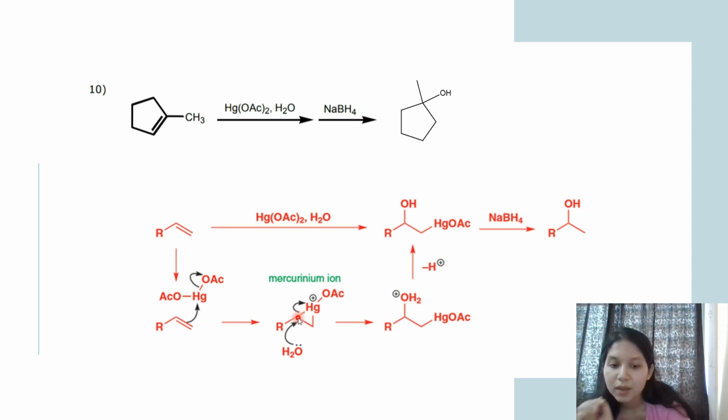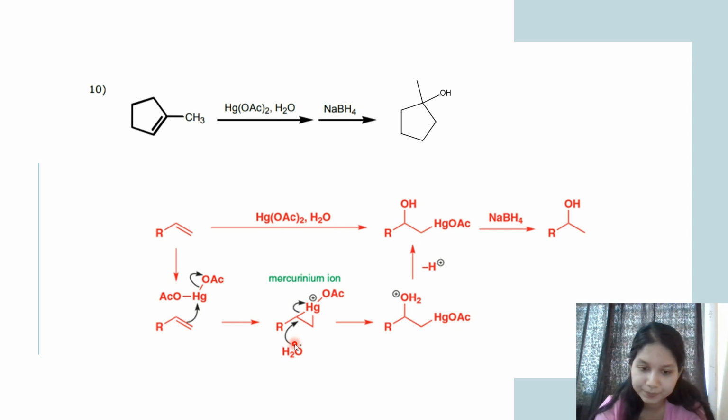After this, water is present in the system. Mercury acetate in water. So water is present in the system. Water will now neutralize the secondary carbocation formed, just like the earlier two examples we saw. So the water molecule will donate its electron pair to this secondary carbocation formed.